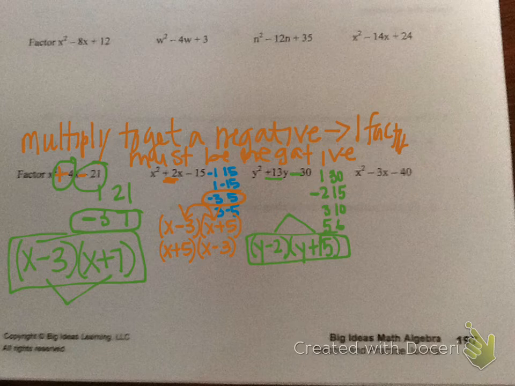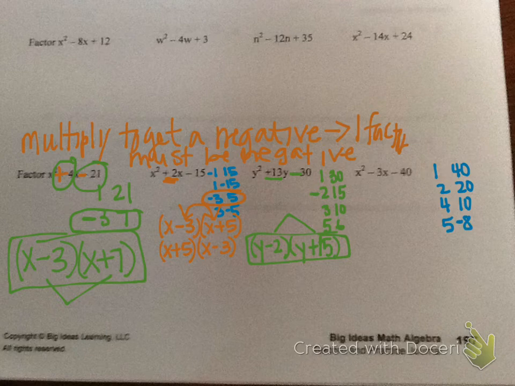And now for the last one, I have negative 40, so 1 and 40, 2 and 20, 4 and 10, 5 and 8. And which combination of those would get negative 3 when I add?